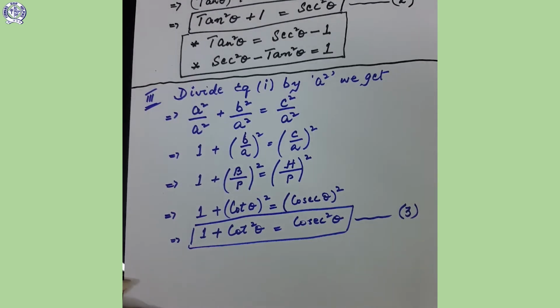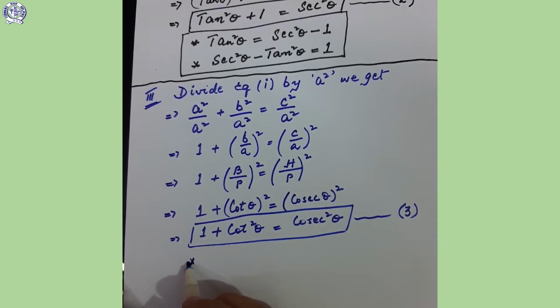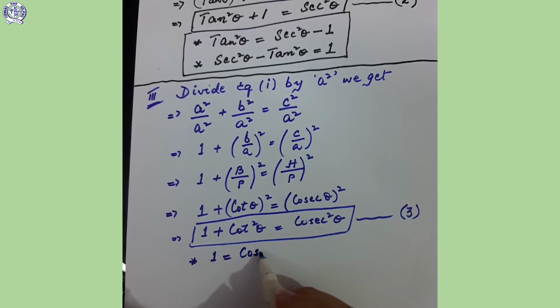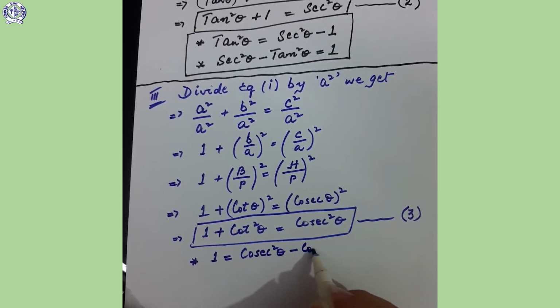You can make two more identities from this by shifting the terms. So if I shift cot square theta that side, 1 will remain here equals cosec square theta minus cot square theta, right?